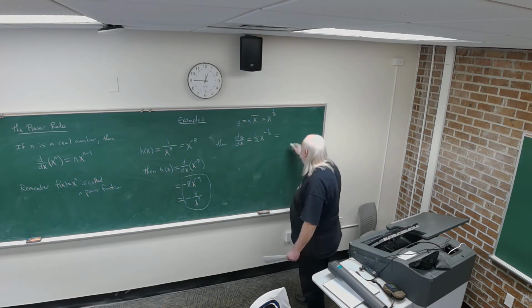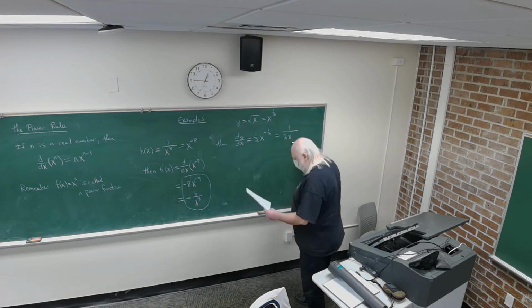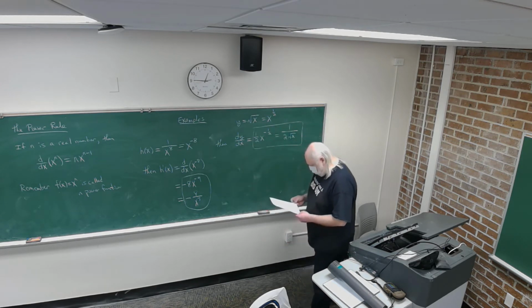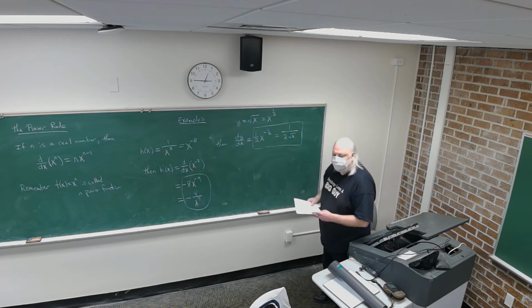Gotta simplify. This is 1 over 2 times x to the 1/2, which we write as square root of x. Any questions?